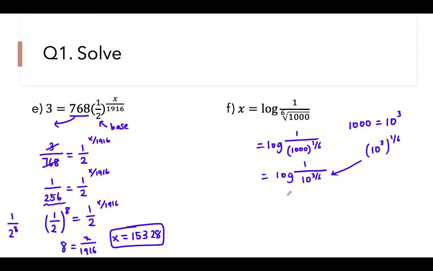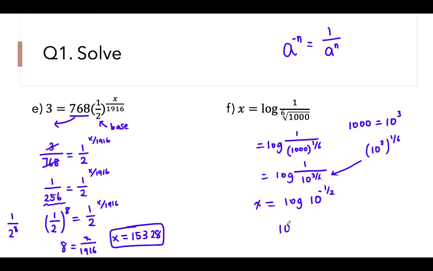Okay, and then you can do log. Now if I simplify, 3 over 6 is 1 over 2. So it's going to be 10. I'm going to flip it, so it becomes negative 1 over 2. The reason I'm doing this is because the exponent is negative, right? So I could flip it and it becomes negative. And to simplify this, remember there's an invisible base 10.